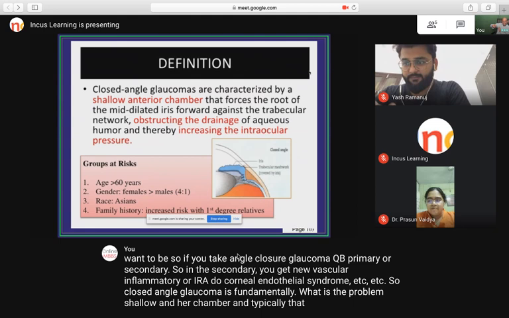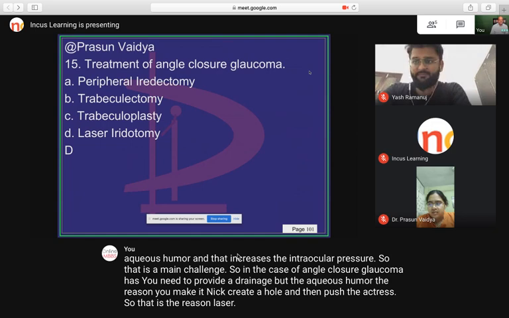So that is the main challenge. In angle closure glaucomas, you need to provide a drainage for the aqueous humor. That's the reason you create a hole, and then the aqueous flows. So that's the reason laser iridotomy is considered to be the management of choice.